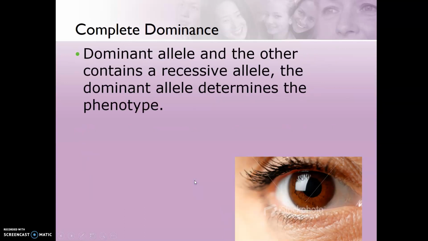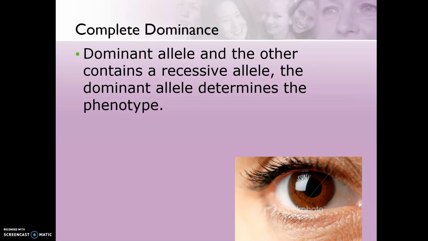There are some different ways that we can inherit genes, and different ways that those are physically shown. So there's complete dominance, where one allele is dominant and the other is recessive, and the dominant allele determines the phenotype. So this is the brown eyes or the tall trait that we just showed.